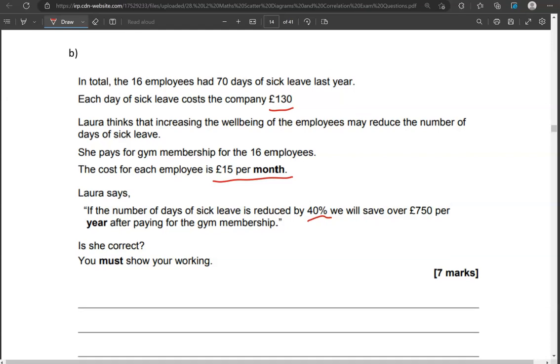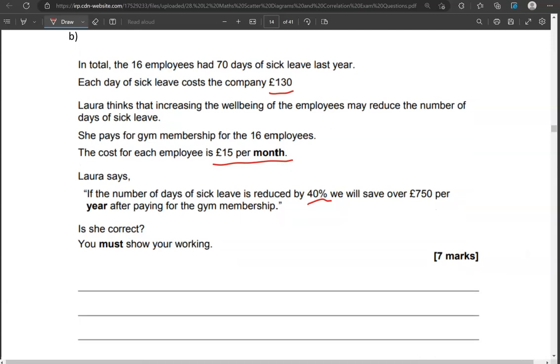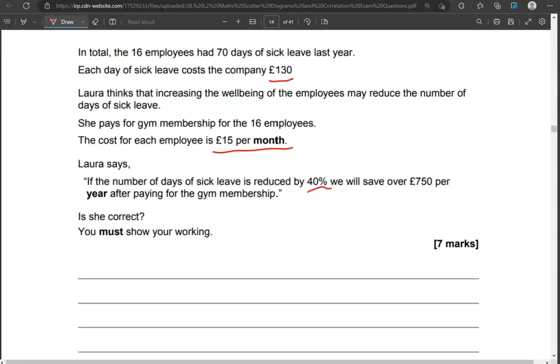So first of all, we need to work out how much these days of sick leave cost the company in total. So it's 70 days of sick leave for the 16 employees combined, and it costs the company £130 for each day. So what we're going to do is 130 times 70.